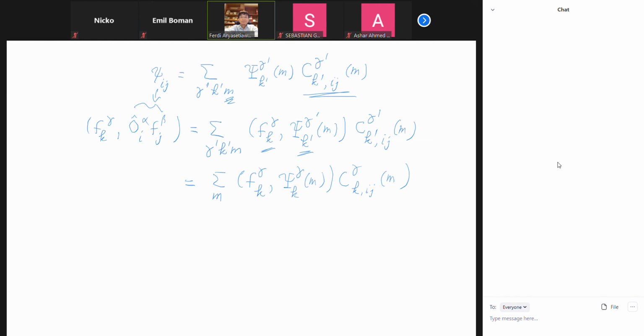This matrix element is usually written in this way, with alpha, alpha, like this, just a notation.